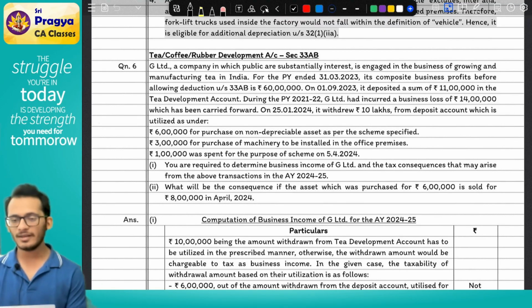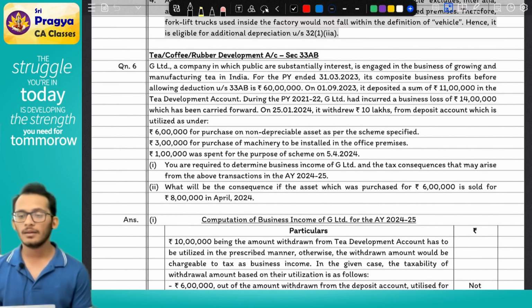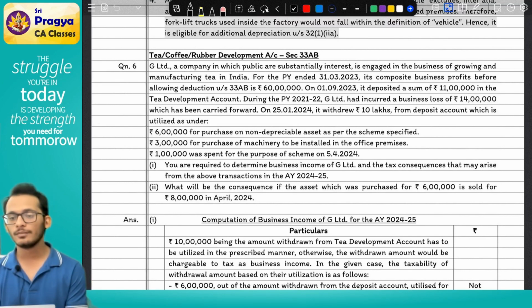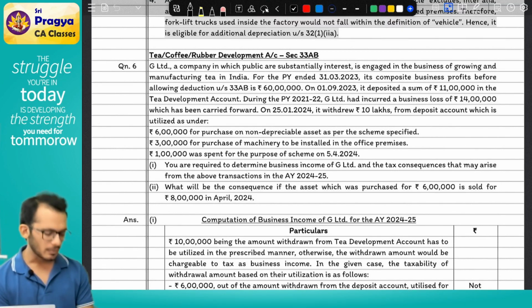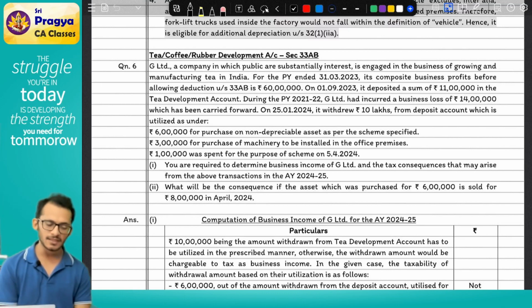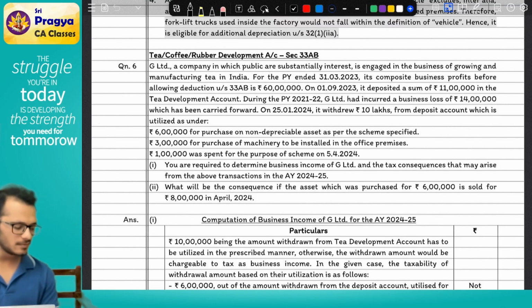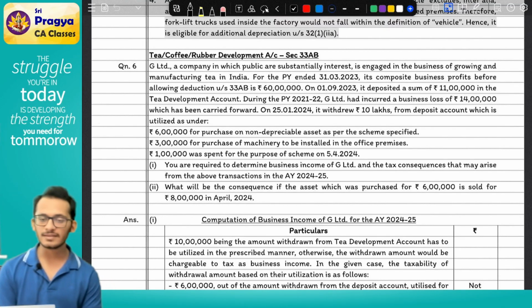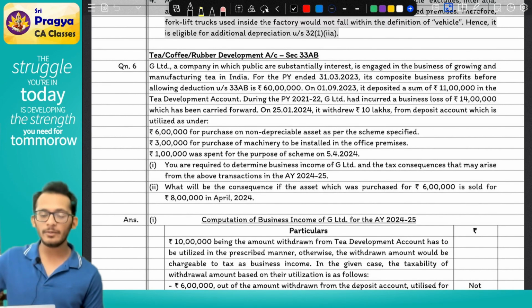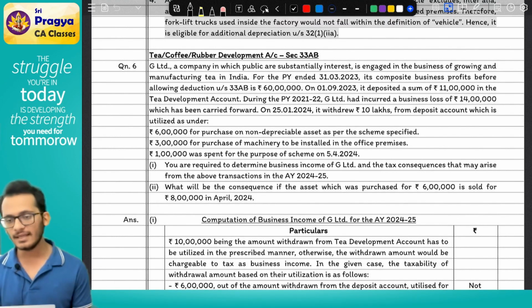If you are growing and manufacturing tea in India, your business income will be split into 40 and 60. 60 goes to agriculture. For the previous year ended 31st March 2023, its composite business profits before allowing deduction is 60 lakhs. They are saying that the PGBP before claiming the deduction is 60 lakhs.